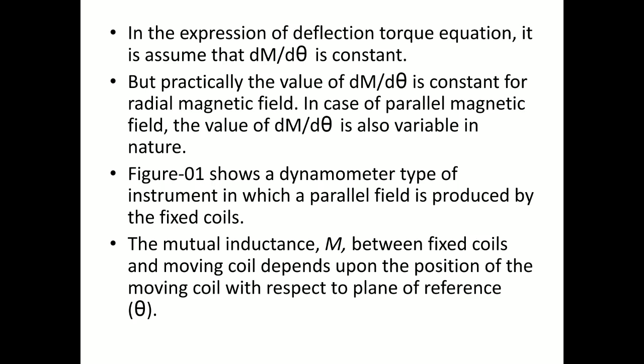So with respect to figure 1, it is very clear that initially the position of the moving coil with respect to the plane of reference is at an angle of theta, and the mutual inductance, indicated by symbol capital M, between the fixed coil and moving coil depends upon the position of the moving coil with respect to the plane of reference.